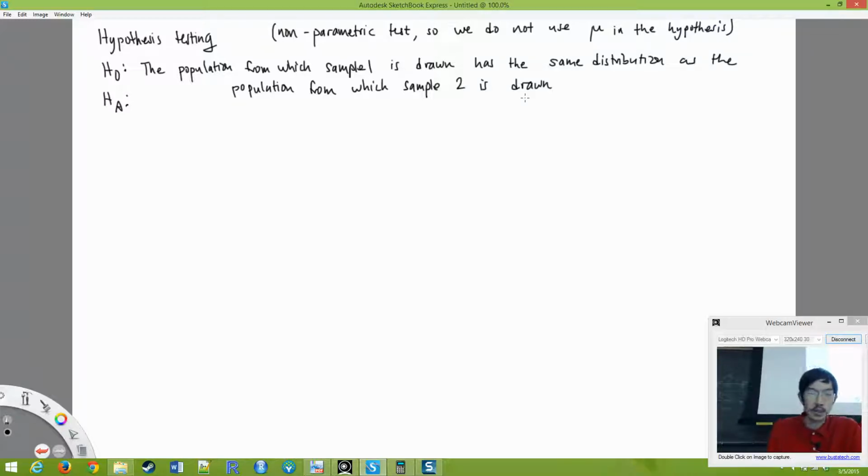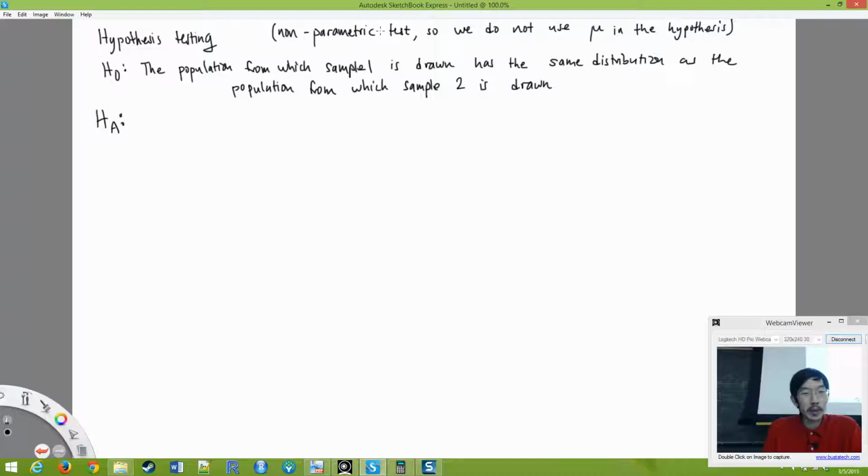It feels a little clunky, but that's really the only way we can say it without using any kind of mathematical symbols, because here again we're not using any kind of parameters.